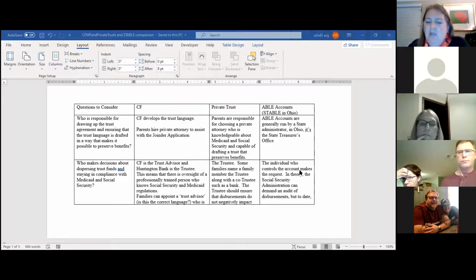What's going on? So what we know at Community Fund is that the trust cannot pay for medical and housing expenses that would be covered by Social Security or Medicaid. All right, we can't do that. If we do, then it's an asset. Then the whole trust is a resource.